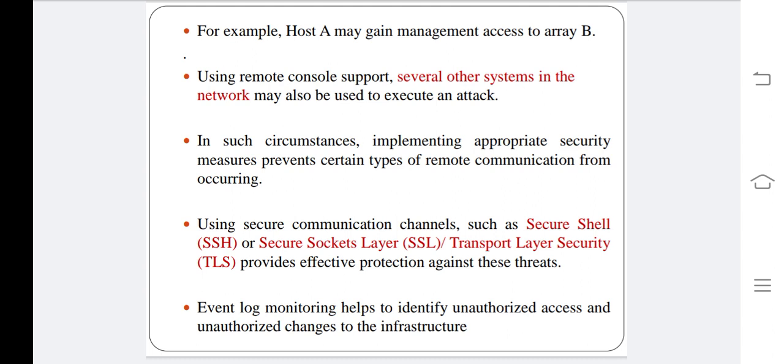Using secure communication channels such as secure shell or secure sockets layer and transport layer security provides effective protection against these threats. Event log monitoring helps to identify unauthorized access and unauthorized changes to the infrastructure.